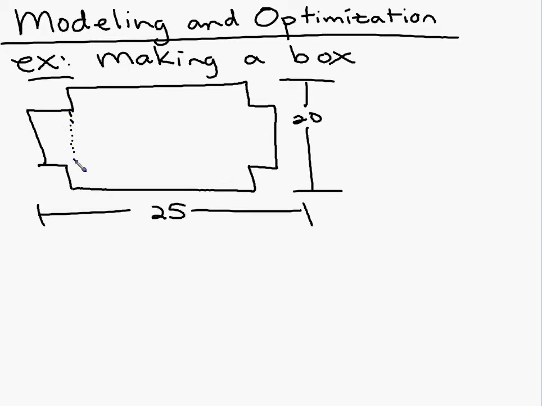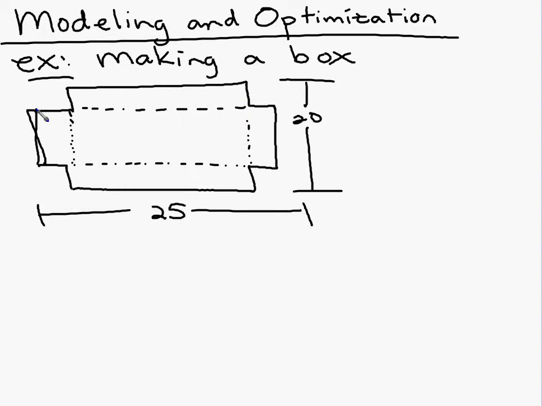That's why I said it's probably going to be a very weak and poorly made box. But we could still make a box that way if we wanted to. So then we're going to fold up those flaps, and then tape the corners together or whatever, and it'll be a box.